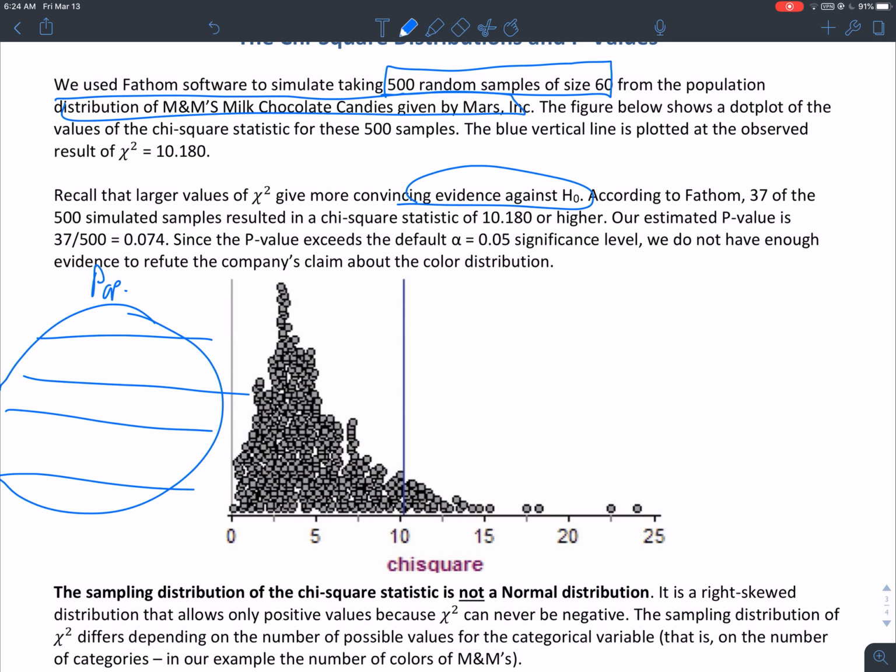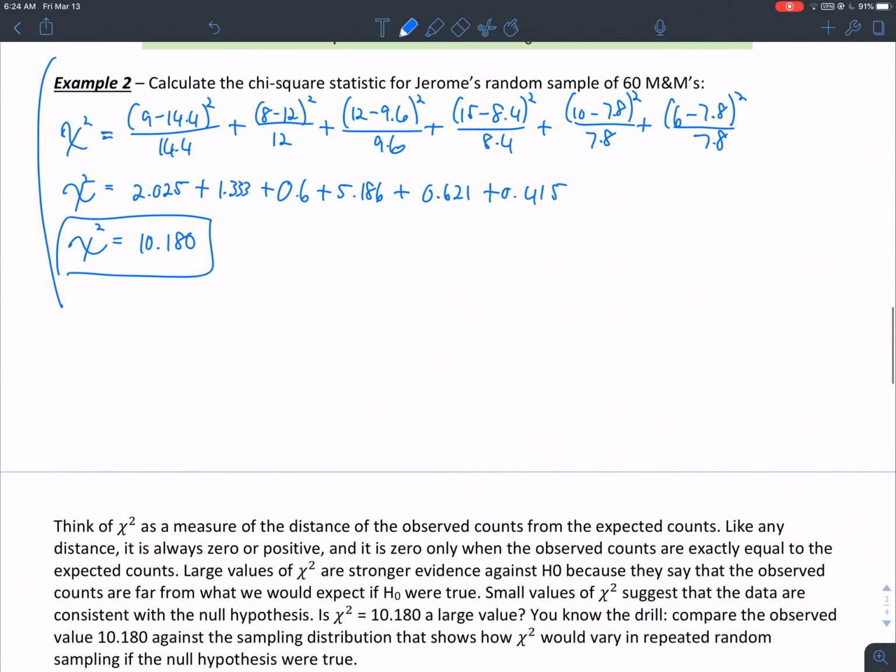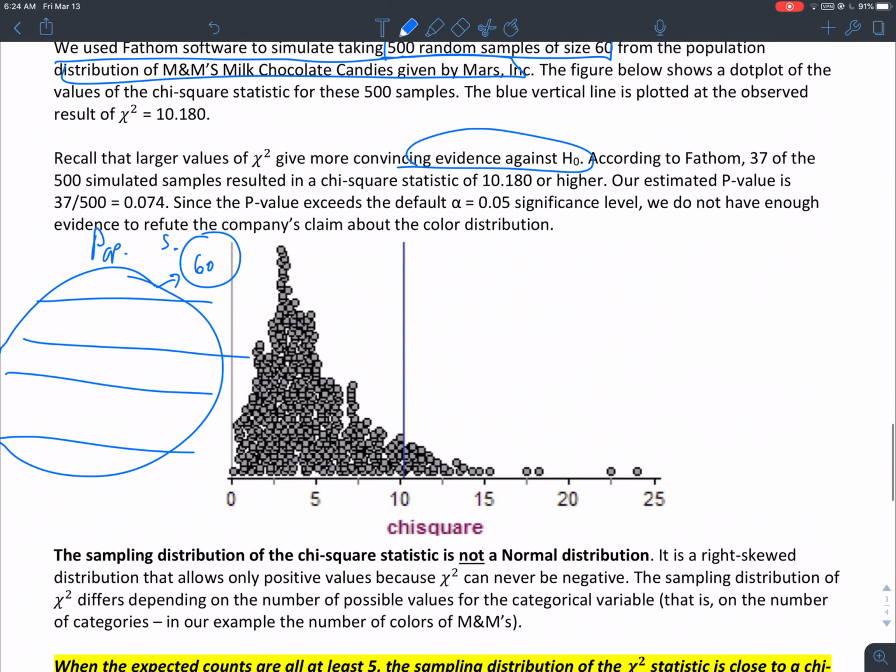So what they did is, I take a sample of size 60. So here's my sample of size 60 from the population, randomly selected. And then I take that sample and I calculate a chi-square statistic just like we did right here. Calculate a chi-square statistic, and then you plot it.